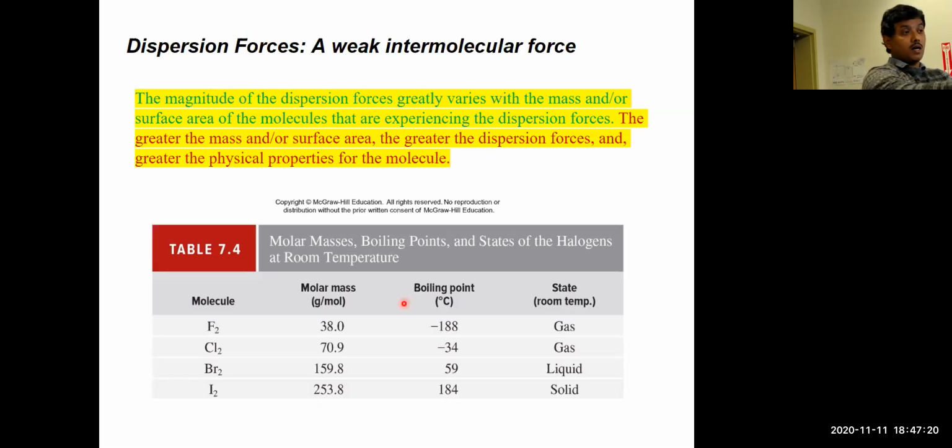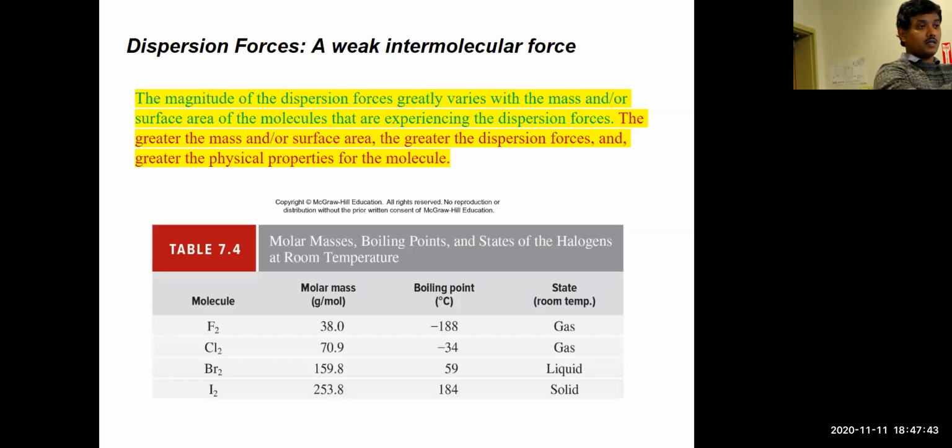So the smaller the mass, the lower the boiling point, and the bigger the mass, the higher the boiling point. As the mass increases, the boiling point increases. For iodine with the 253 mass, you have a boiling point of 184. See, the boiling point is increasing as the mass is increasing.